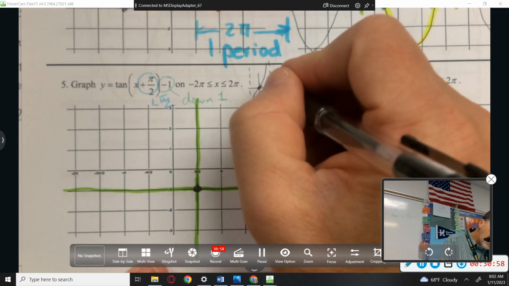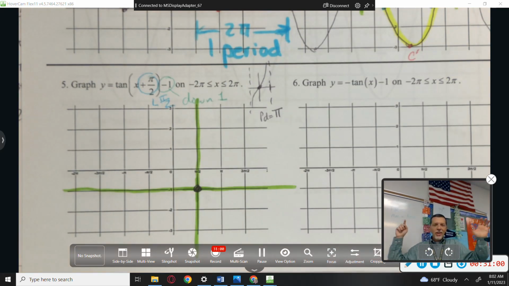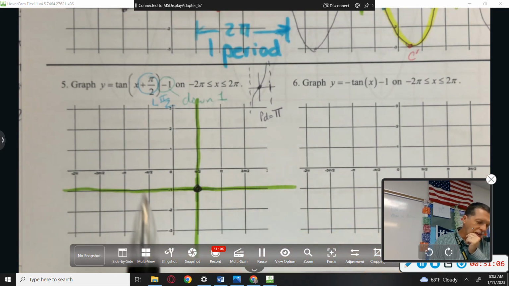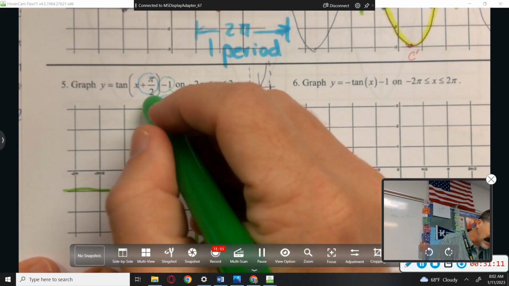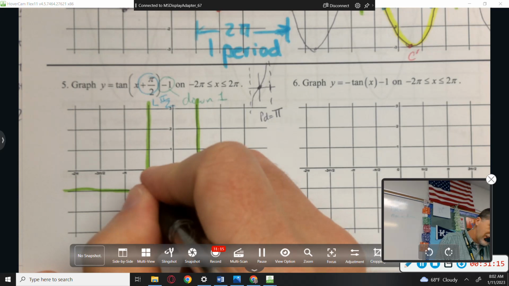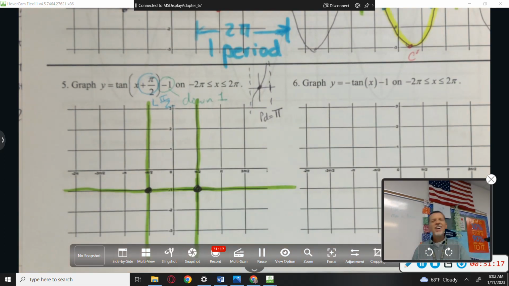My asymptotes. Oh, what did I do wrong? Left. I went to the right. I'm supposed to be going to the left. I wonder if I will be okay. I got lucky that it all worked out. Oh, I wish I hadn't done the full origin thing.